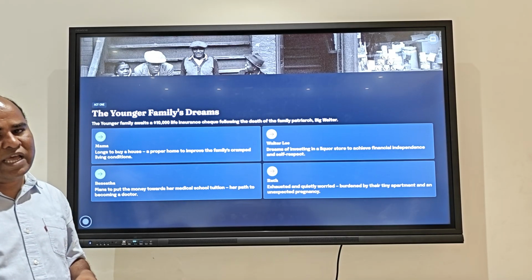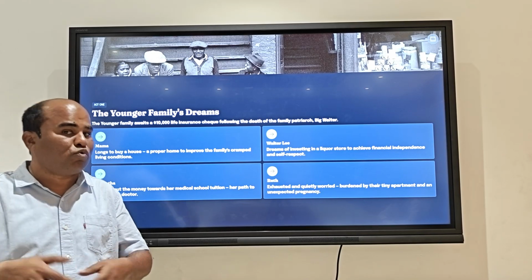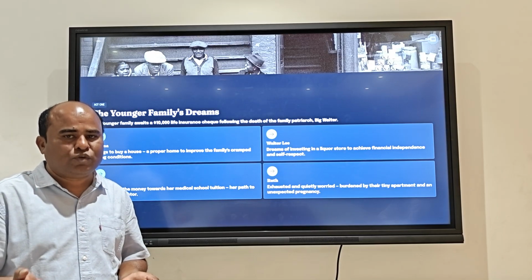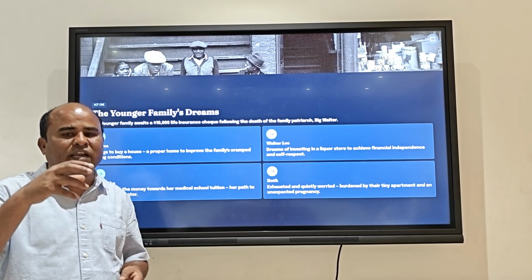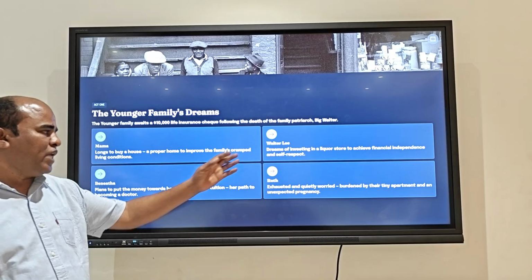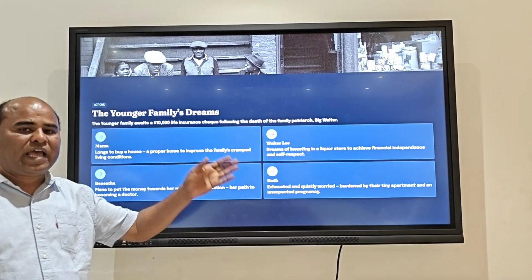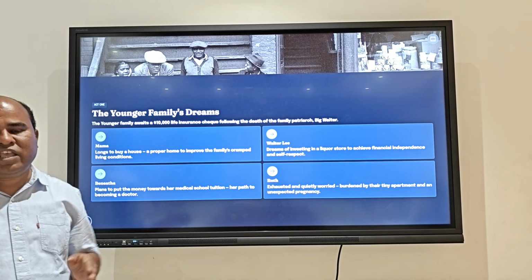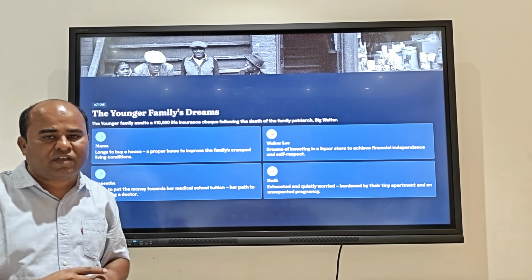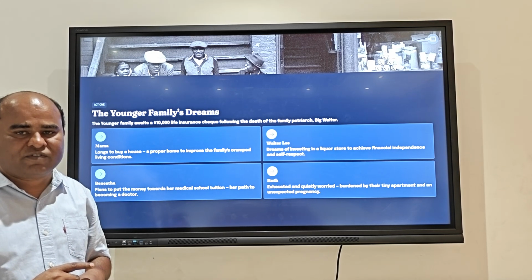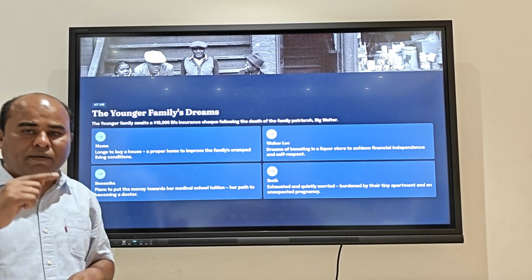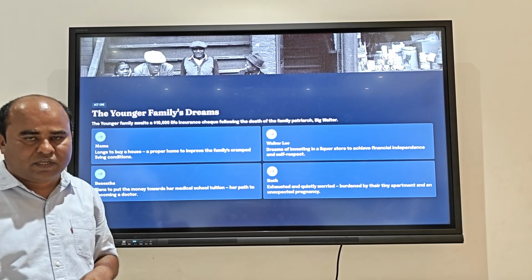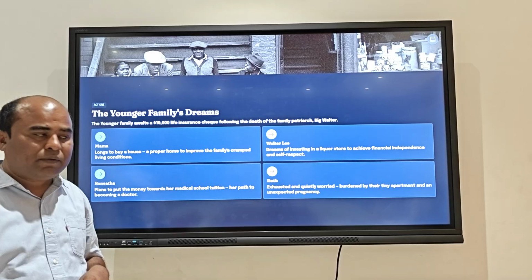Ruth actually doesn't have a dream of her own. She wants Mama to give that amount to Walter so that he can fulfill his dreams, and once he does, he will have two things he was lacking: confidence and happiness. It will make him a confident person and turn him into a happy person.